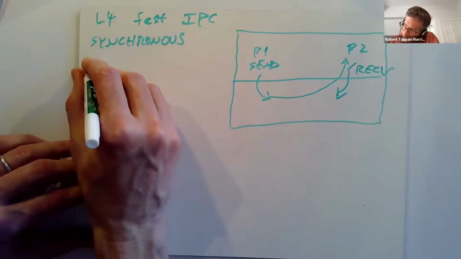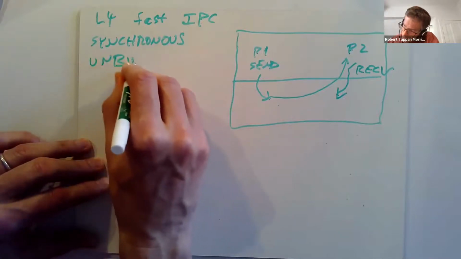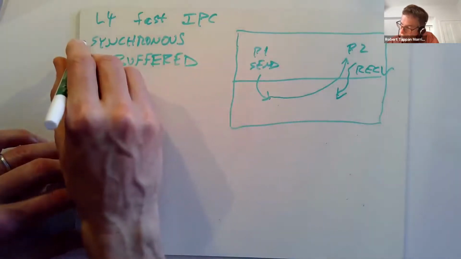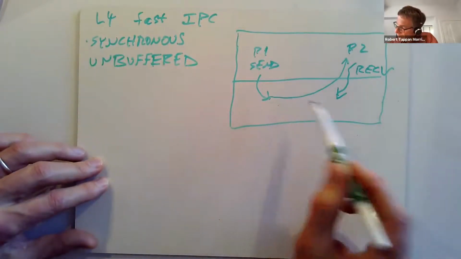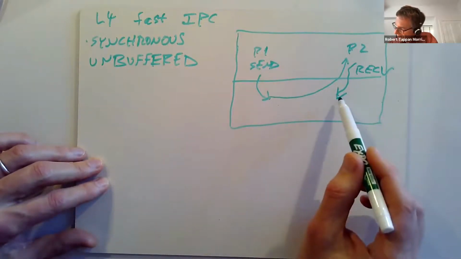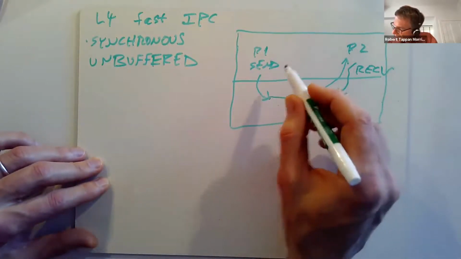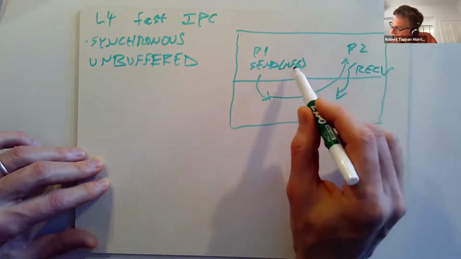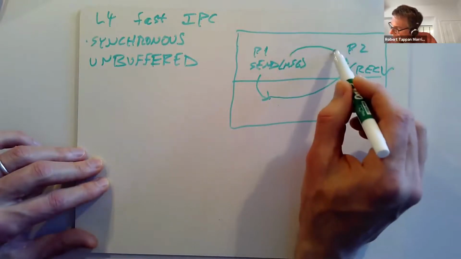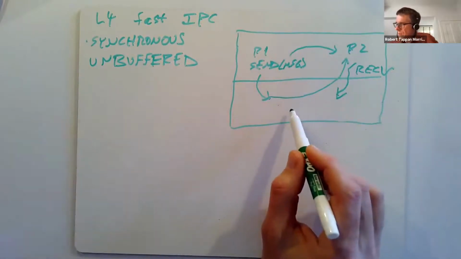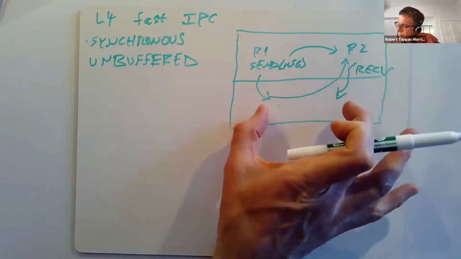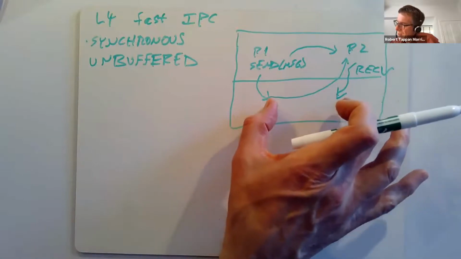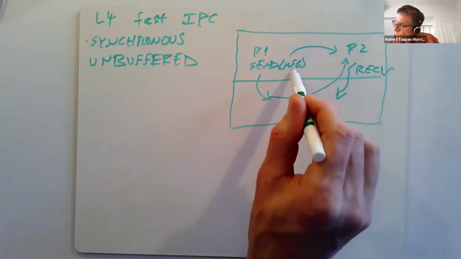This scheme that they developed is also unbuffered. And it can do that partially because it's synchronous. When both the send and the receive are in the kernel, the kernel can directly copy the message from user space to user space without having to first copy it into the kernel and then back out of the kernel, because since both sides wait for the other system call to happen, that means that they've waited for both pointers to be known.